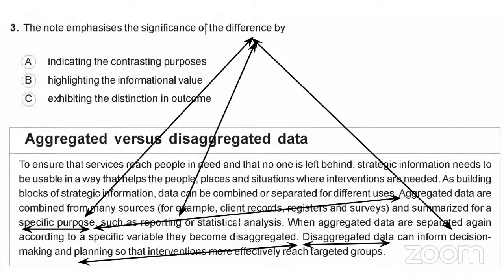There is a difference. This purpose is different, that purpose is different. They are not matching, they are contrasting. Aggregated data is combined from many sources, and disaggregated data is separated from combined sources. So it is entirely opposite.